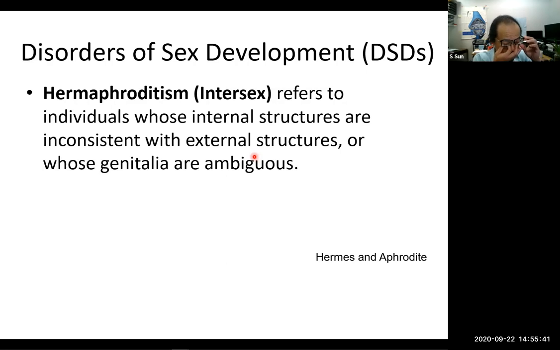Sex organs are ambiguous, not very clearly and immediately recognizable. This used to be called, a very long term, hermaphroditism. This hermaphroditism comes from the Greek words Hermes and Aphrodite.